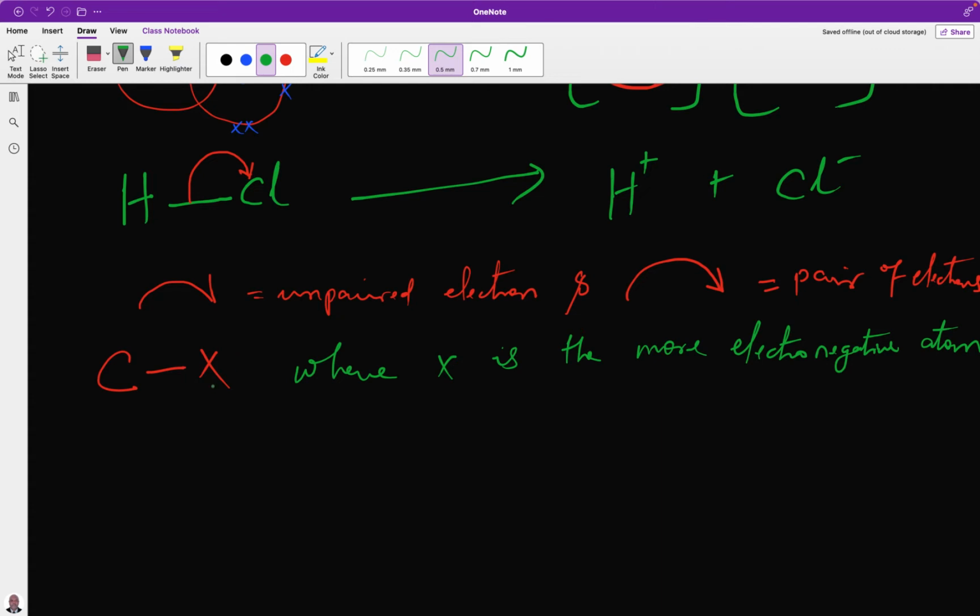And this X, which is the more electronegative atom, tends to draw electrons towards itself.